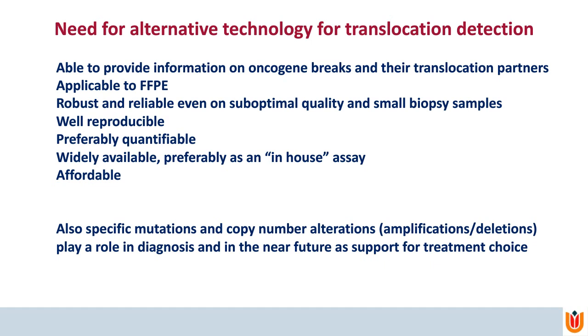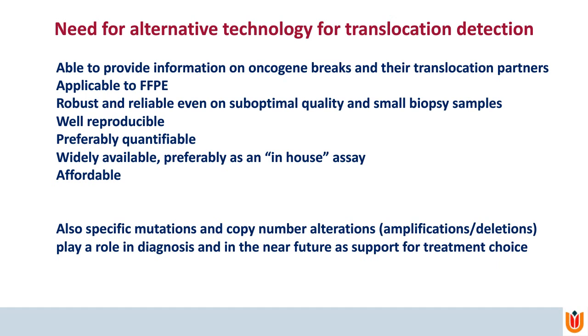Obviously well reproducible, preferably quantifiable so that we can say something about clonal and subclonal events, should be widely available to all, preferably as an in-house assay to be performed within a pathology lab, and also a very important one, should be affordable.